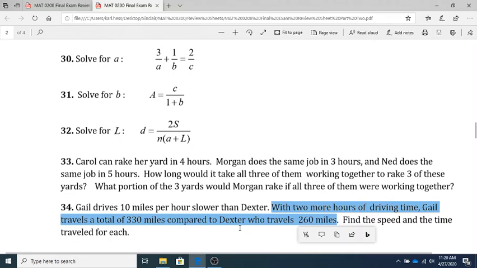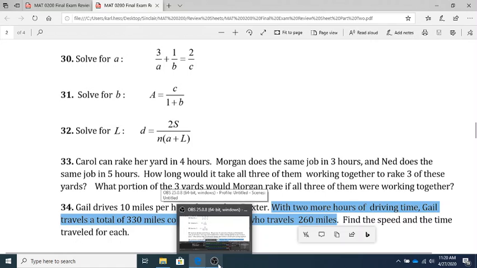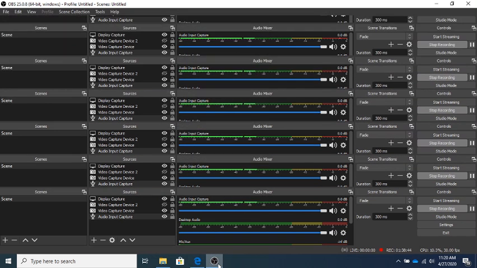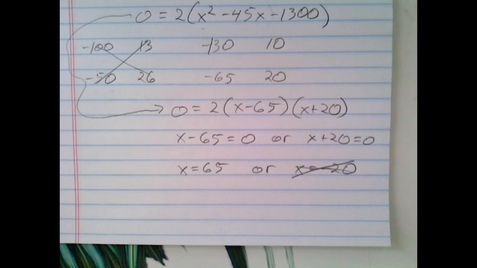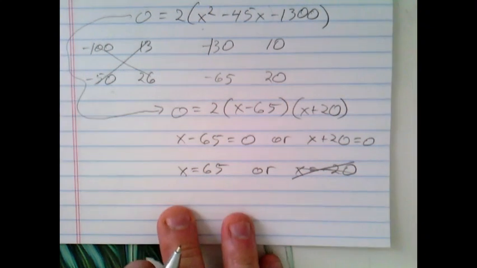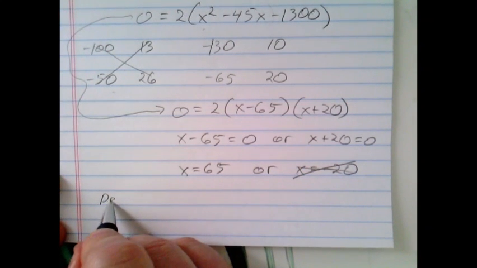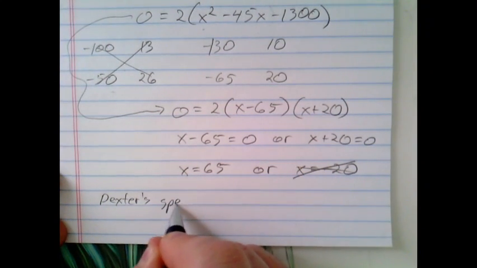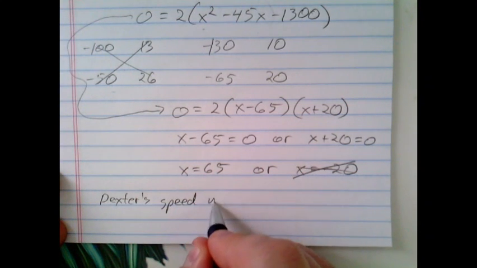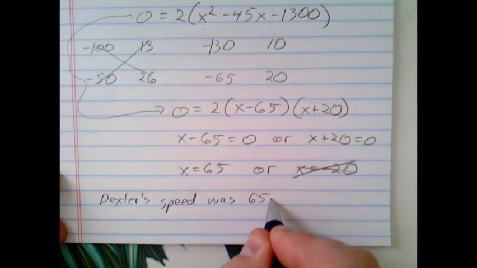Find the speed and time traveled for each. Oh, okay. Well, I need to fill in all that stuff back at the beginning. Well, I now know that Dexter's speed was 65 miles per hour.